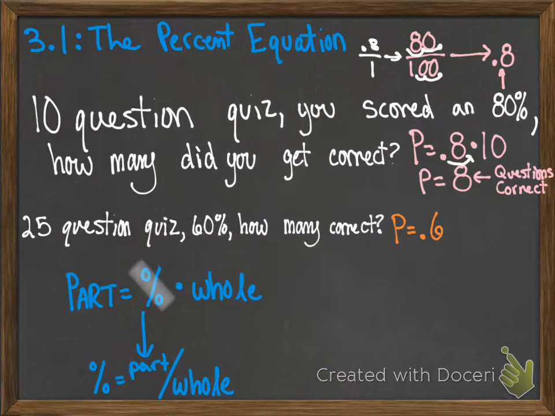A good rule is whenever you see a percent, let's say 90%, the decimal point's right there. Scoot it 2 to the left, and that will tell you the decimal amount. So 90% is 0.9.